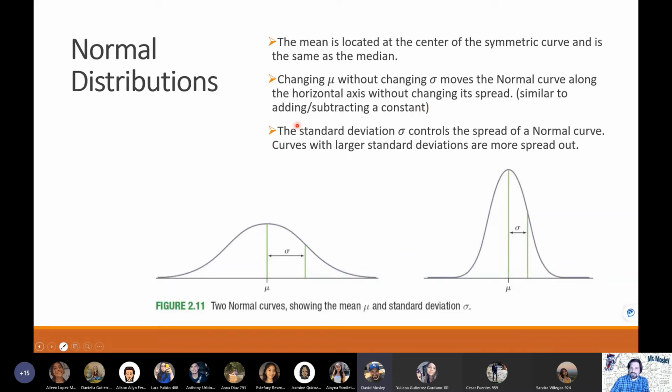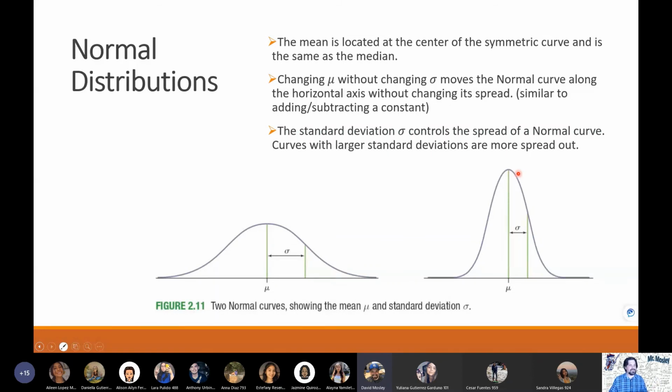The standard deviation sigma controls the spread of a normal curve. Curves with larger standard deviations are more spread out. And that's in this example here. The area under the curve has to be 100%, has to be 1. So we can't have a curve that is as spread out as the one on the left here, but as tall as the one on the right.